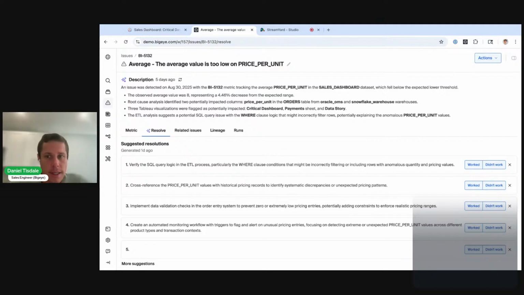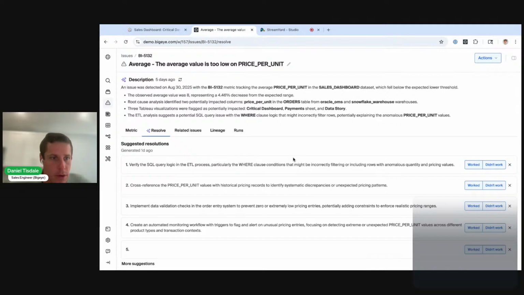And what Big AI is able to do, given all the context that's fed into the model here, is surface up some relevant and pertinent suggested resolutions, or actions that you can take to actually resolve the specific data quality issue that is occurring.